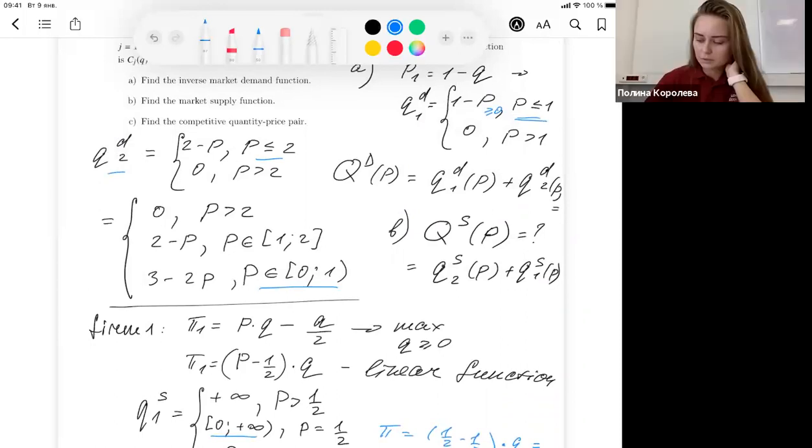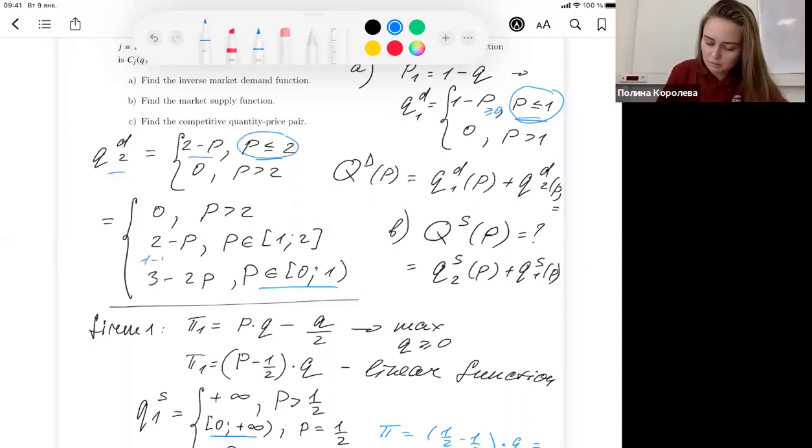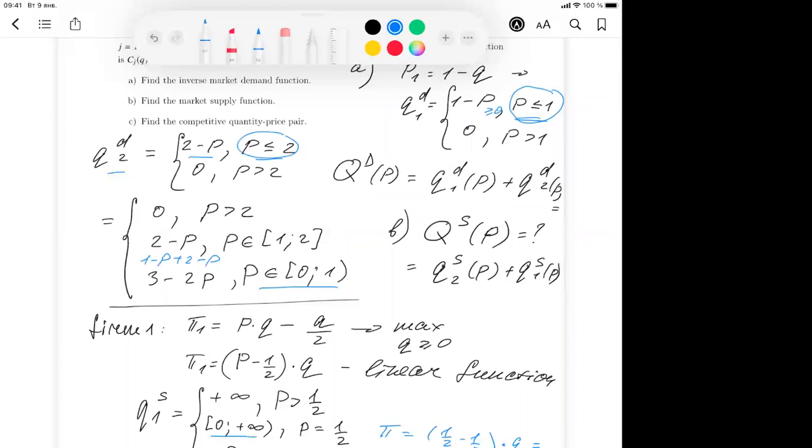Because if price is less or equal to 1, we have positive demand here, and here, if price is less than 1, we have positive demand. So we sum up 1 minus p plus 2 minus p to get 3 minus 2p. Yeah, it's clear. Thank you.